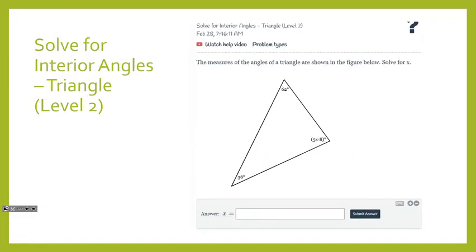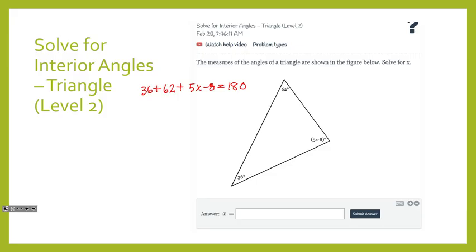Remember, in a triangle you have 180 degrees. It wants you to solve for x. So I've got a 36 degree angle plus a 62 degree angle plus 5x minus 8 is 180.